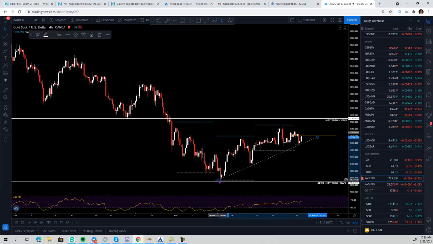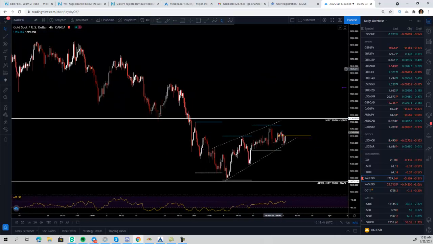or the continuation pattern that I was discussing earlier, right? If it looks like a continuation pattern, smells like a continuation pattern, why are you going to be trading anything other than a continuation pattern, right?